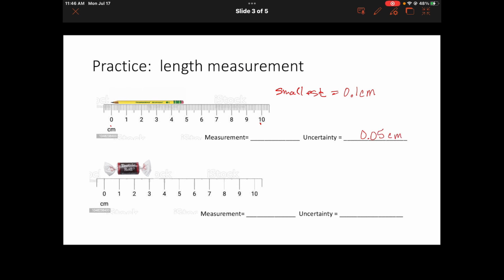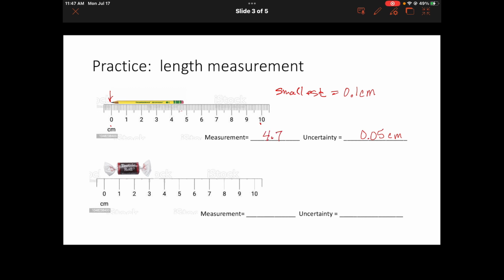Now let's actually look at the measurement here. We start at 0. You want to make sure that one end of your object is at 0. The other end is in between 4 and 5. Each one of these is 0.1, so it's going to be 4.1, 2, 3, 4, 5, 6, 7, and I'm going to guess it's 4.7.